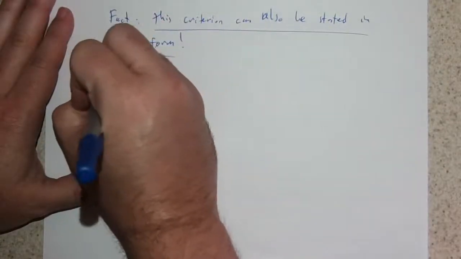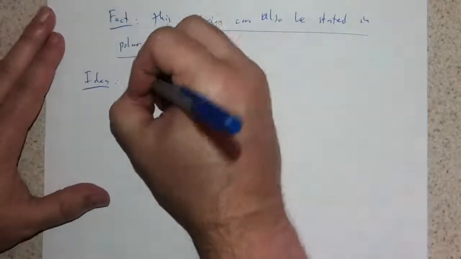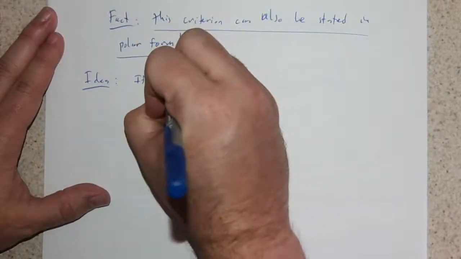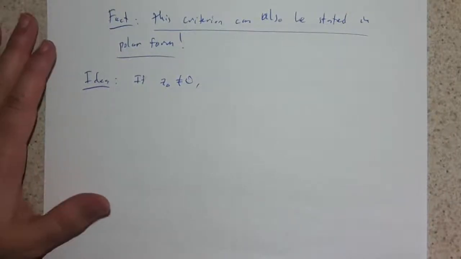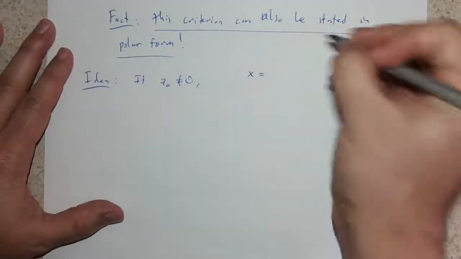Okay. And so, how can I do this? Well, the idea here is the same formulation as before, right? So if our z naught is not 0, we won't worry about that, then what we can do is use polar coordinates.